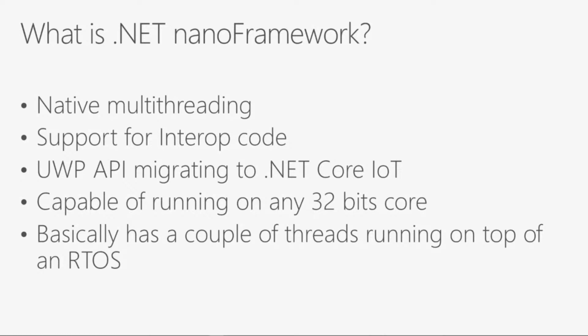So 32 bits is the recommended minimum. But of course, you can run this on any 64-bit or even a Pentium if you have one in the attic. You can run the framework there. There is no port for that, of course, but it's perfectly doable and makes it very flexible because of that.